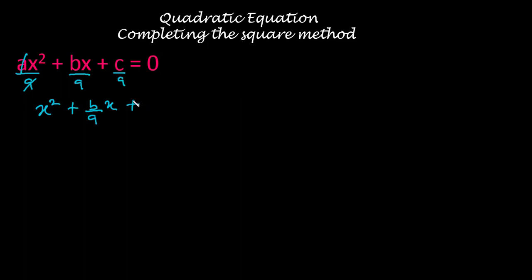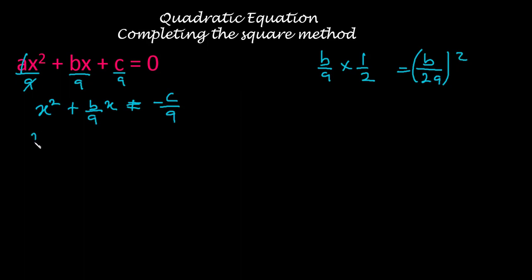Now we take c over a to the other side, so it becomes minus c over a. Now we want to make this a perfect square. How do we make it a perfect square? By multiplying this by half. So we have b over a times half, which is b times 1 is b, a times 2 is 2a. So this is what we are going to add to it, the square of it, to make it a perfect square.